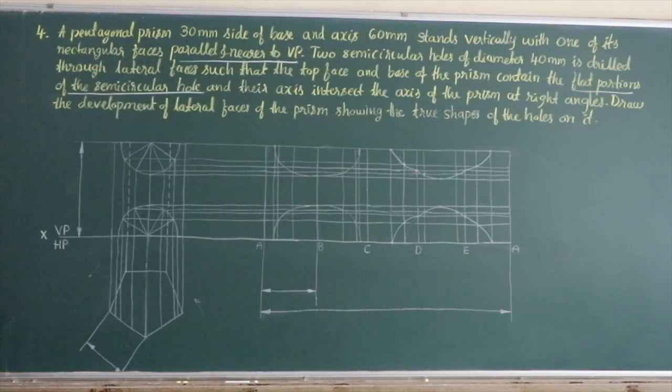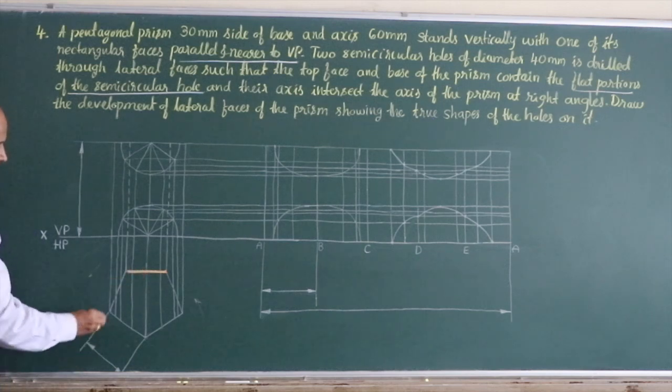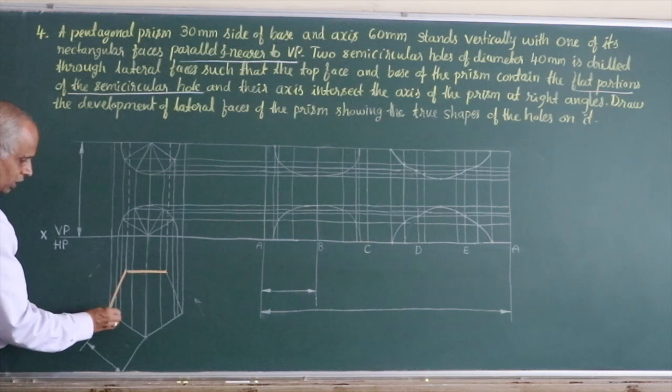So let us start with this problem. It's a pentagonal prism, resting on its base, and one of the rectangular faces is parallel and also nearer. So this is the parallel rectangular face, and it is nearer to the XY line, meaning nearer to VP.